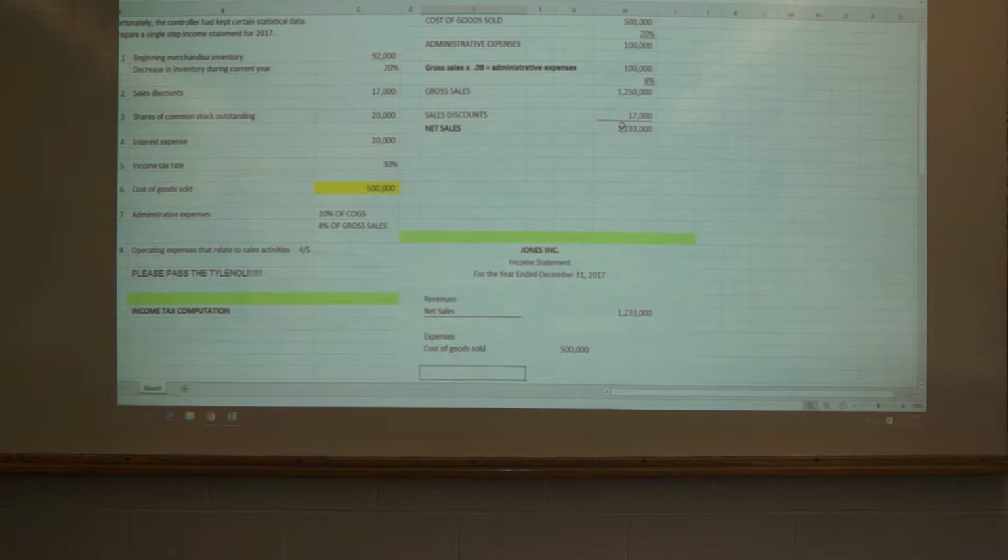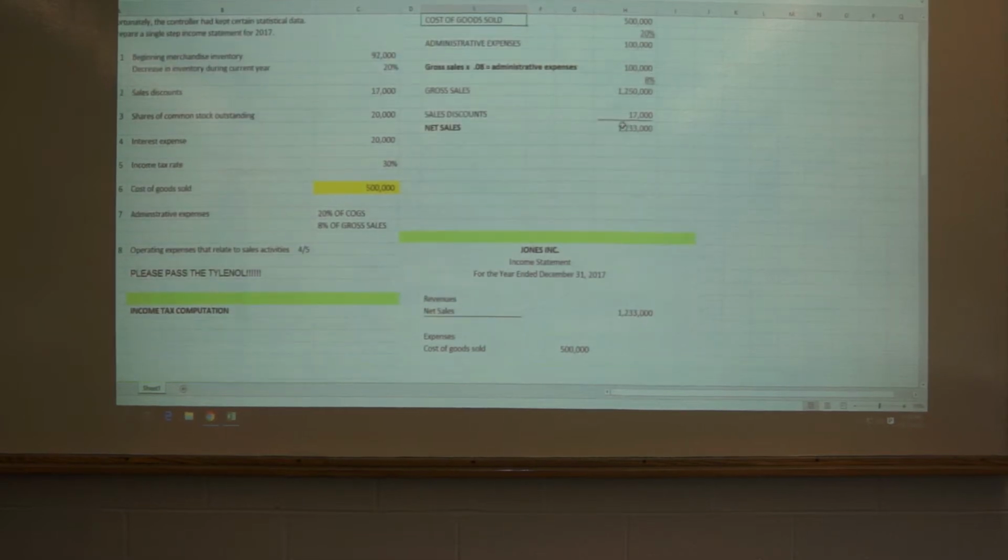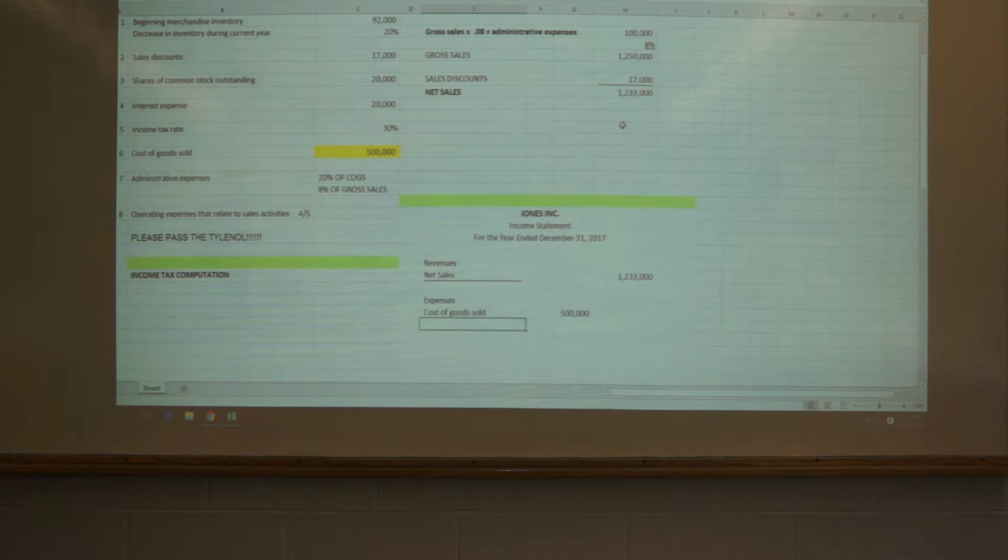What else do we know? Well, we've got selling expenses and administrative expenses, but we don't know how much is each. So we have to figure that out. We know we're going to have selling expenses of some amount, and we're going to have administrative expenses.